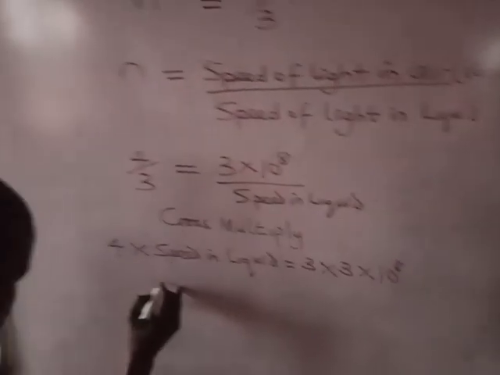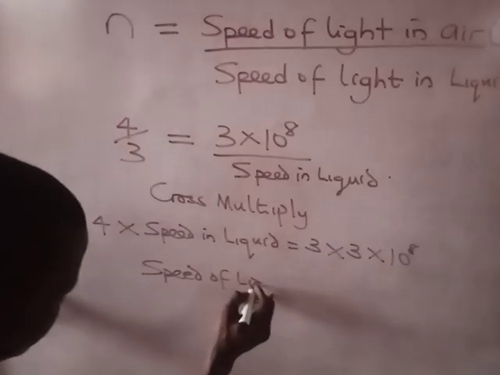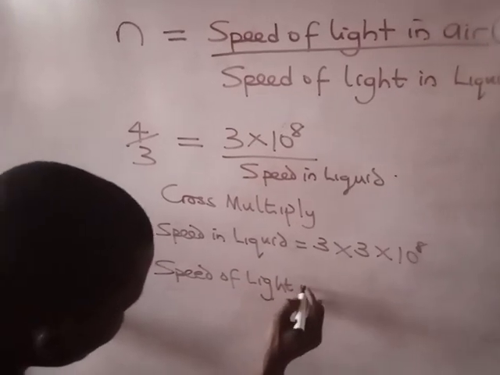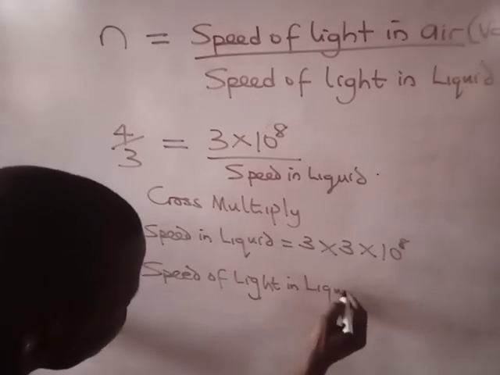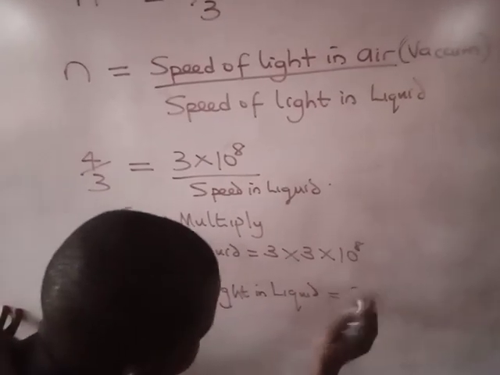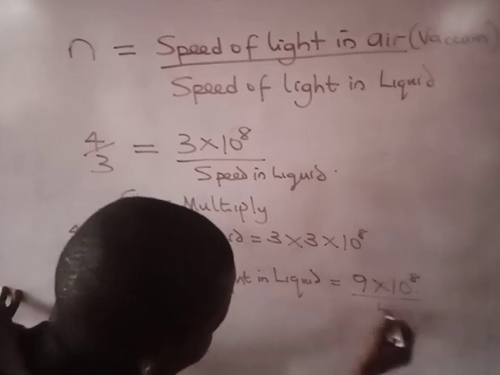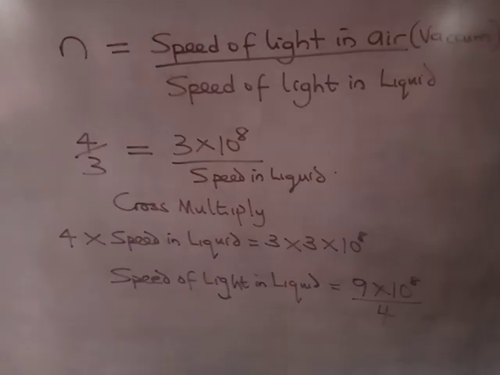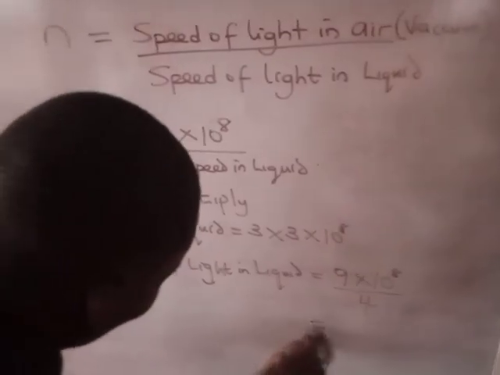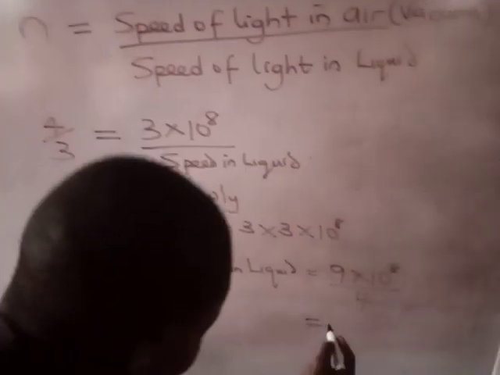So, invariably, the speed of light in liquid will be 9 multiplied by 10 raised to power 8 divided by 4. Divided by this 4 now. So, as you do that, what do we get?